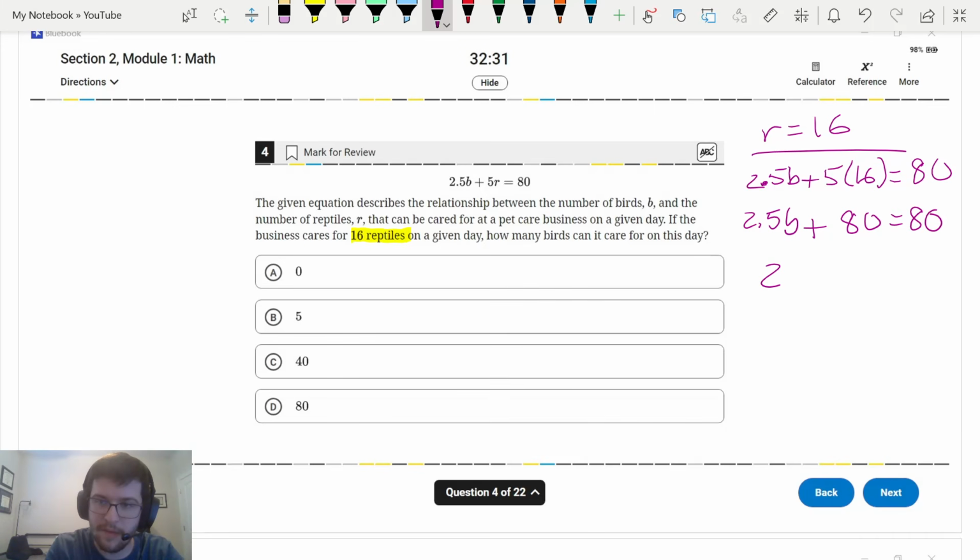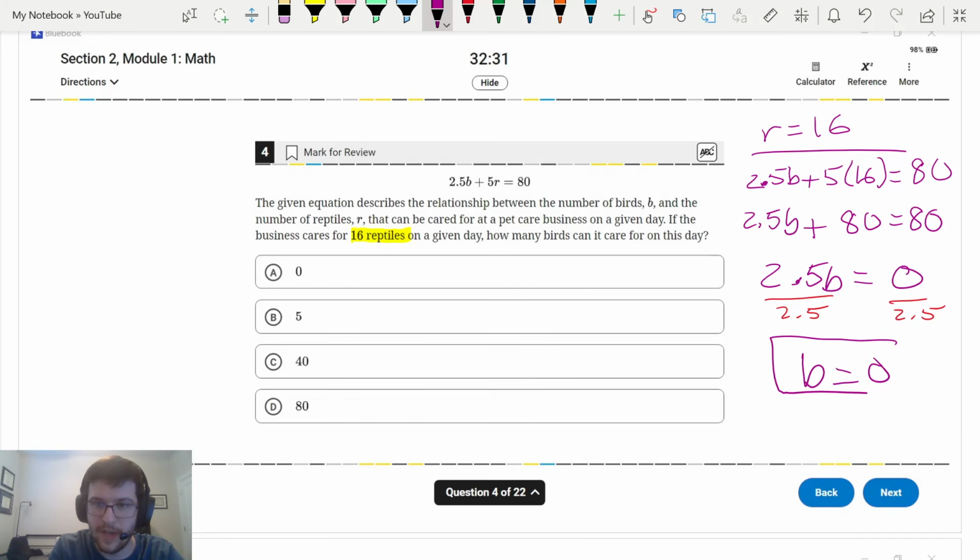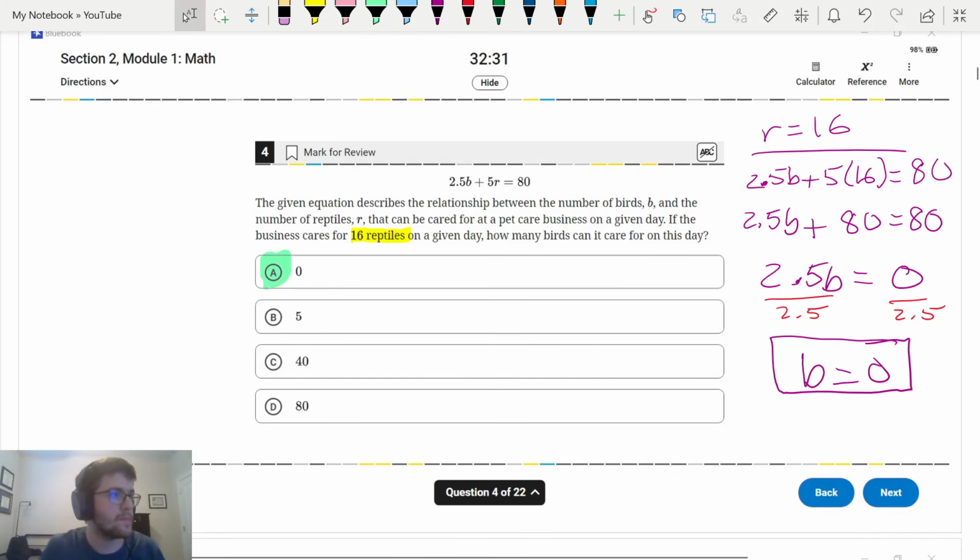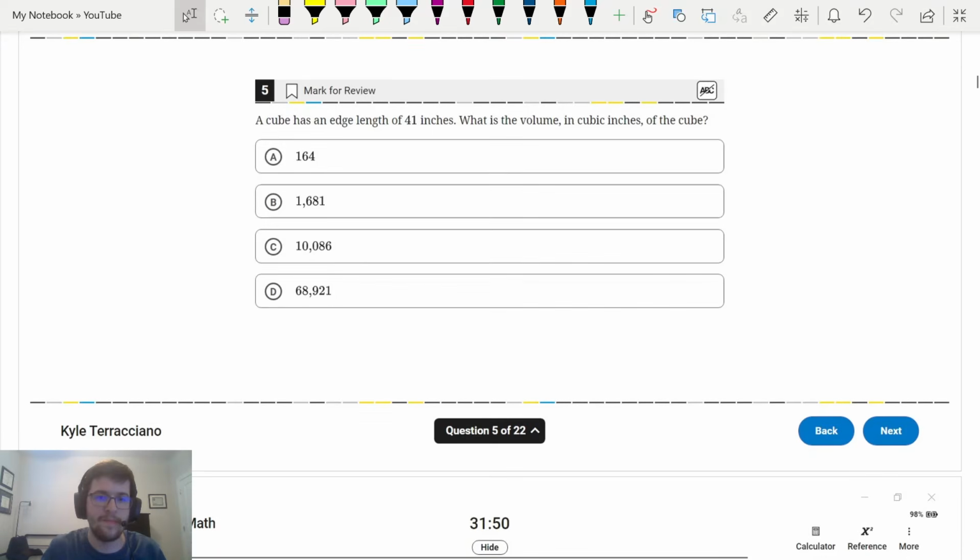We subtract 80 from both sides, and we get 2.5b equals 0. Now we divide both sides by 2.5, and 0 divided by anything is just 0. So there are 0 birds. So that would be answer choice A. All right, let's keep going.